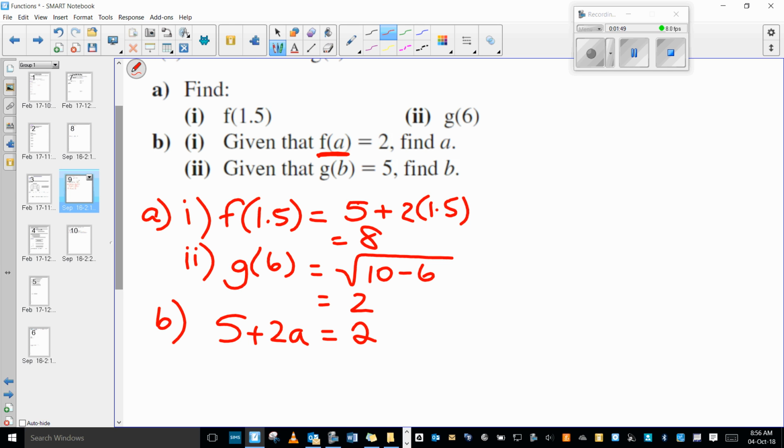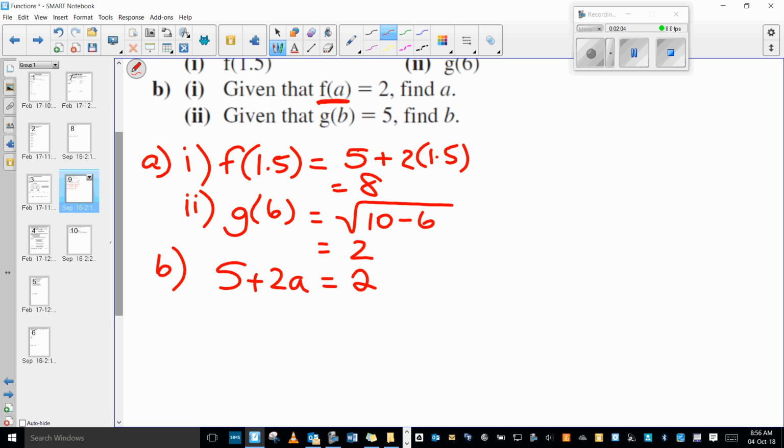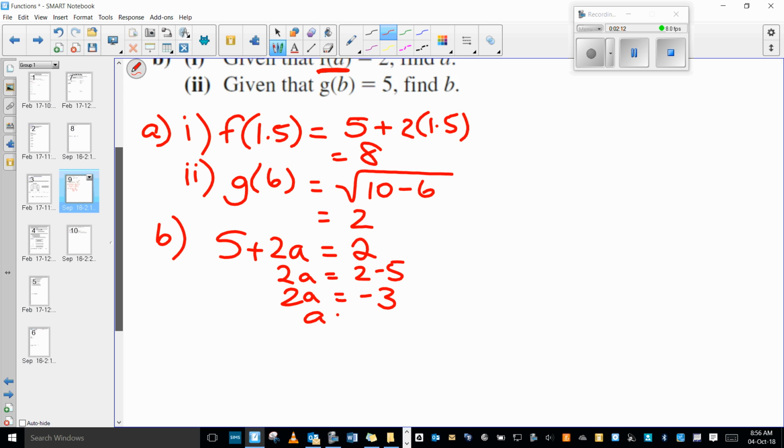It's a common mistake that people make. They just see a number and merrily chuck it in to substitute it for the x. But this one's different. Now let's keep going. 2a equals -3, so a equals -3 divided by 2. Lovely, and we can leave it as an improper fraction.